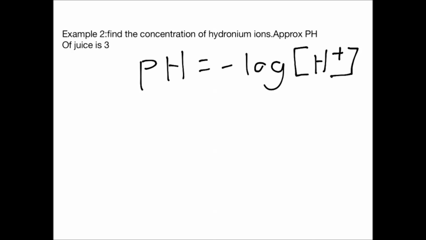We use the equivalence law: we shift the base 10 to the left side and H+ will remain the same, and pH will move up to the power.